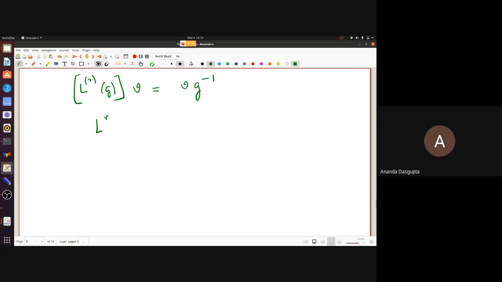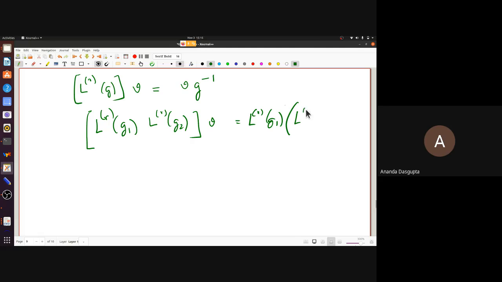So what I really want is to figure out what LRG1 LRG2 is. I want to check whether this is LRG1 G2. That's the defining property, remember, for a homomorphism. So what is LRG1 LRG2? This is really, you apply LRG1 after you apply LRG2 on V, right?